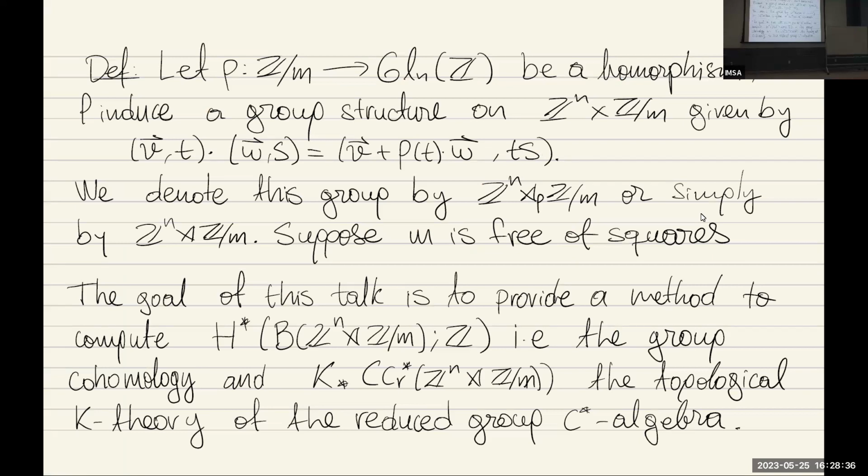Let rho be a homomorphism from Z over M to the general linear group.